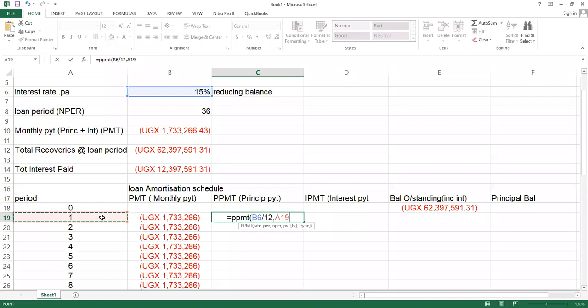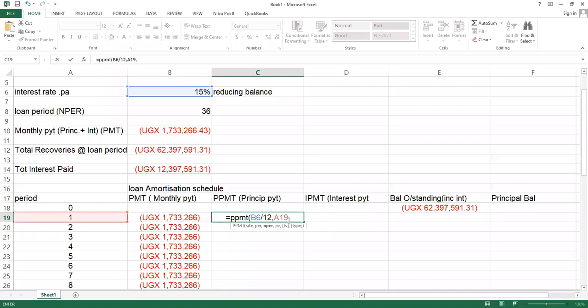And also, when we are locking our variables, when it comes to the principal, we shall not lock this PER. This PER will not be locked because the principal, of course, varies from one period to another. So I put a comma.